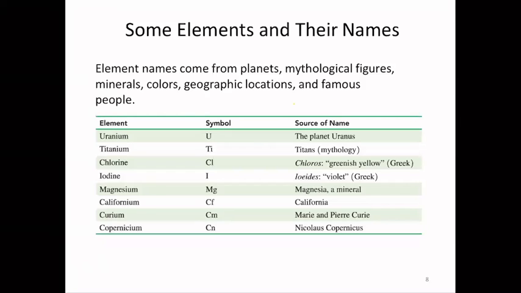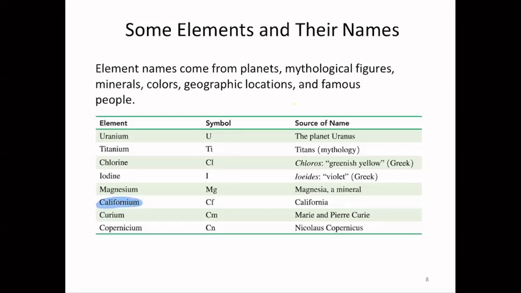As you can see, uranium comes from the planet Uranus. We have titanium, which comes from the mythological Titans. And as we go through these, we can see that we have an element that is named after the state that we live in.